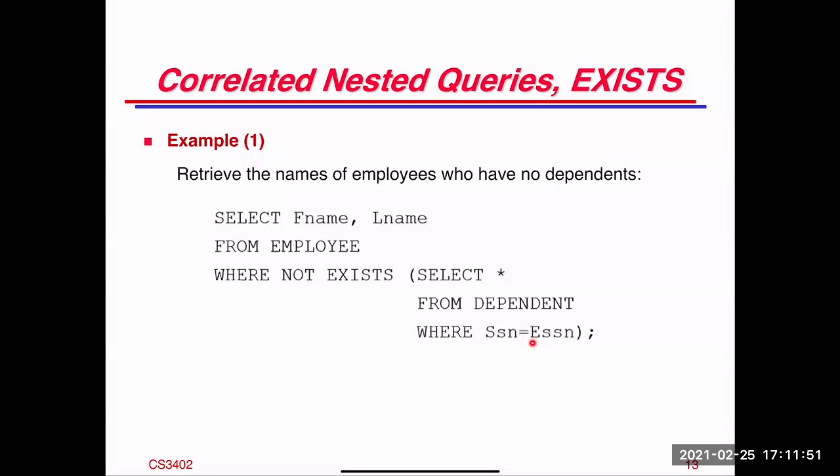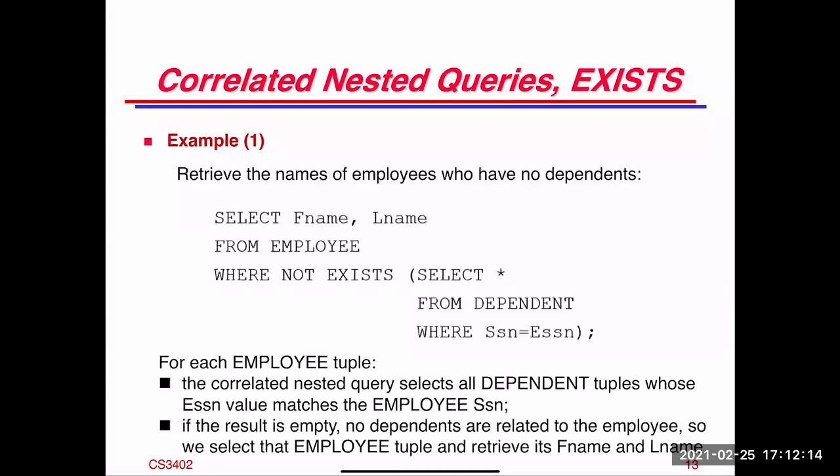But note that the social security number value inside the dependent table is actually a foreign key that references the social security number in the employee table. So that just connects the dependent that we're looking at to the specific employee.